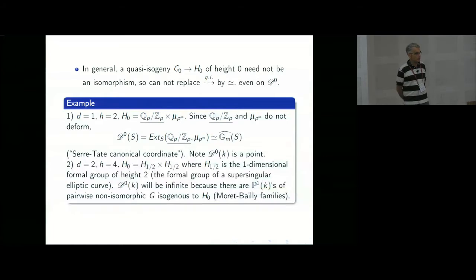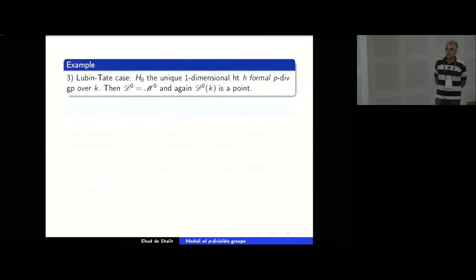These were constructed by Moret-Bailly, and they're called Moret-Bailly families. They're constructed by varying alpha_p somehow in a P1 family and dividing by this alpha_p. And as the last example, again, the Lubin-Tate case, H0 is as in the Lubin-Tate case, and again the special fiber is a point. So the special fiber of the deformation problem can be a point, or a very interesting scheme, as we will see actually.